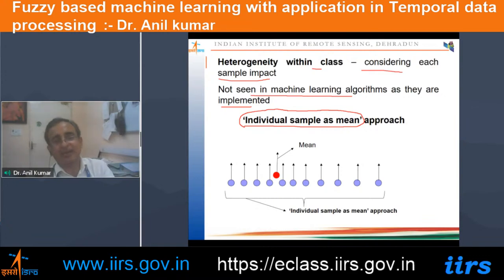That's the meaning here: individual sample as mean. If these are the samples, the blue color, and I calculate the mean, the mean comes here, which goes into the classifier. But we are not using the mean. We are treating these samples as the mean, which go into the classifier, and that way the accuracy increases with respect to handling the heterogeneity within class.